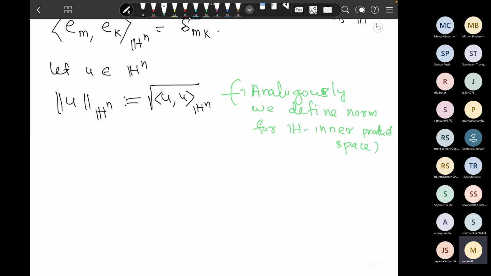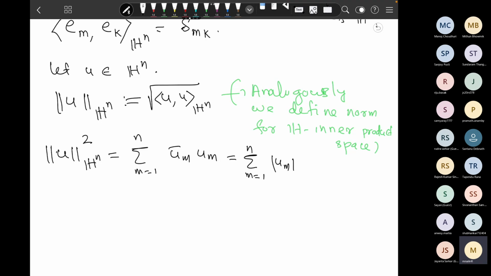Analogously, we define a norm for the H inner product space. Now you define what this thing is. So the norm of u in H^n squared is the sum over m from 1 to n of u_m bar u_m, which is the same as the sum over m from 1 to n of the norm of u_m squared, and this is really the R^4 norm squared.